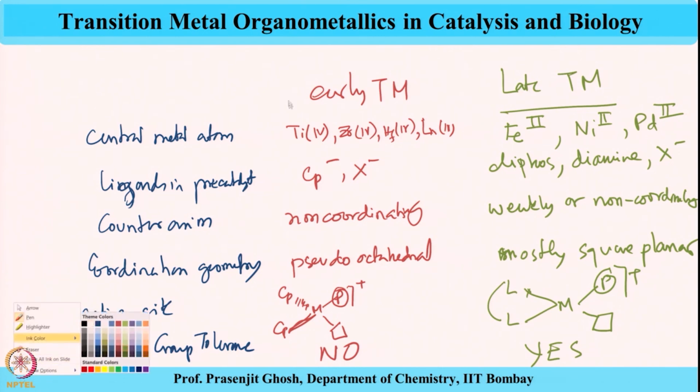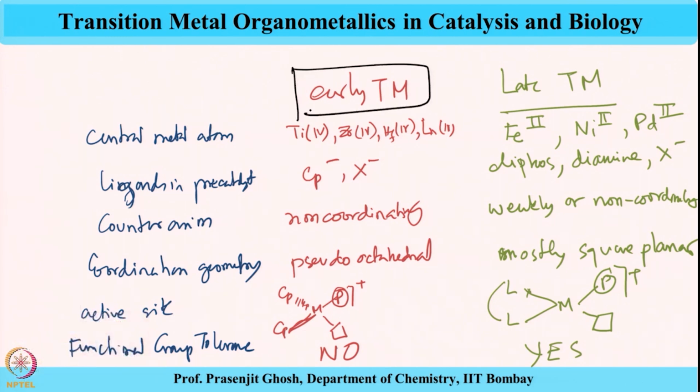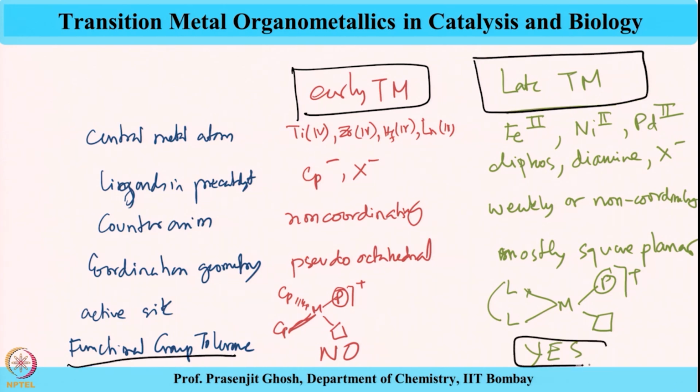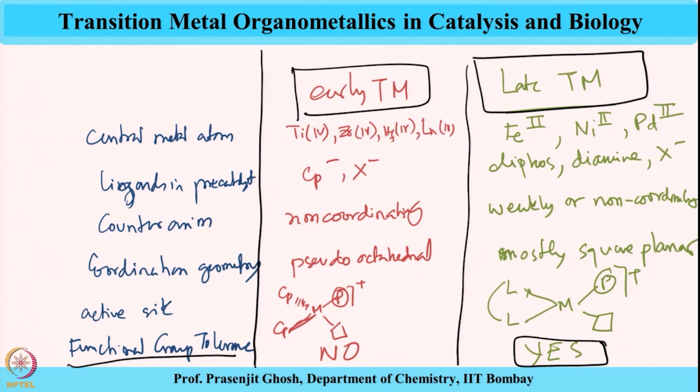So, here is the summary which brings out the comparison between the early transition metal and the late transition metal, and what differentiates the two is this functional group tolerance, and that helps the late transition metal to carry out copolymerization of ethylene with polar functional monomers.